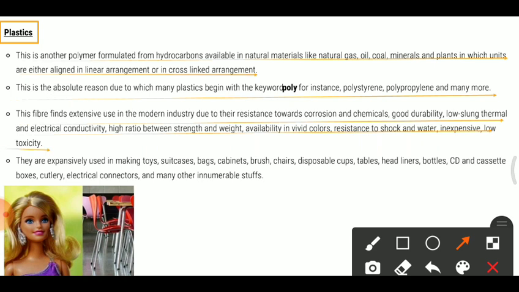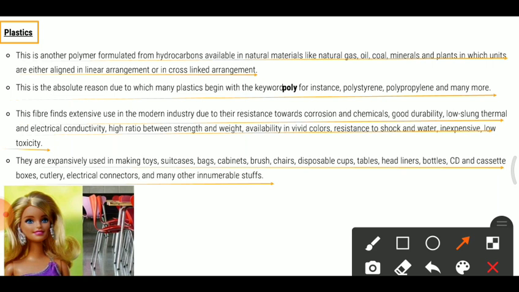They are extensively used in making toys, suitcases, bags, cabinets, brushes, chairs, disposable cups, tables, headliners, bottles, CDs and cassettes, boxes, cutlery, electrical connectors and many other innumerable things.